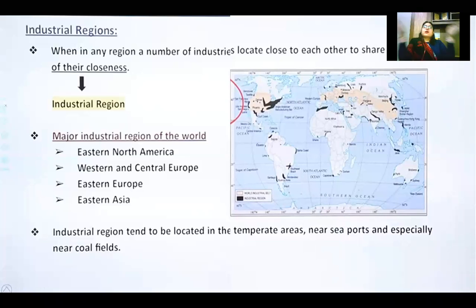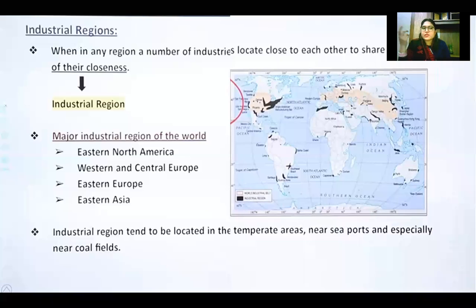So they are located close to each other to share the benefit of their closeness. Means if so many industries are there at one place, then what can they share? Now, for example, if one railway line is crossing from there, that railway line will be used by all the factories for sending the finished product to the markets.